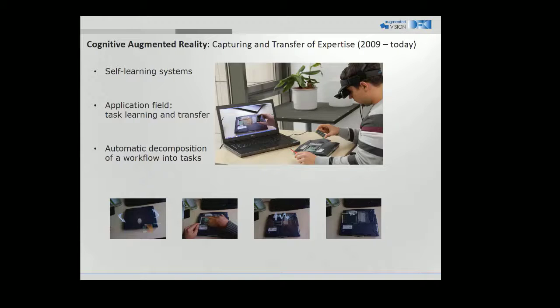Another way to look at augmented reality is how it enhances our cognitive abilities. For example, learning and teaching is a big part of research in augmented reality.